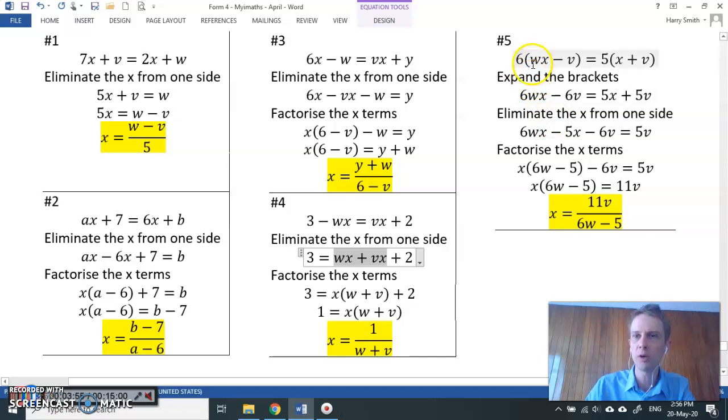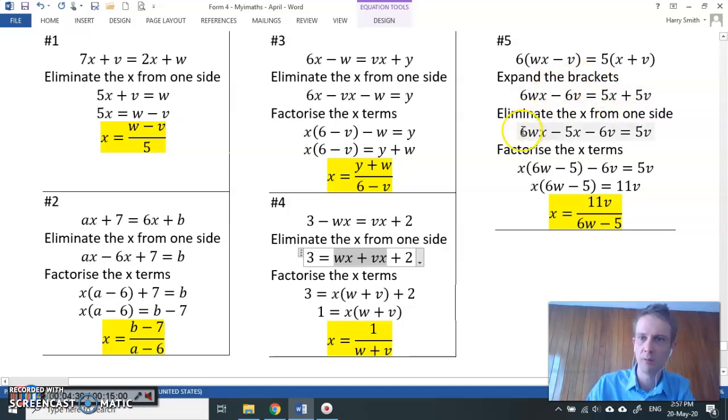Okay. This one here is a little bit different. Just in the first step, we can't eliminate x from one side at the moment, so we just expand the brackets. 6 times wx, 6wx, 6 times v is 6v, 5 times x, 5x, 5 times v is 5v. Eliminate the x from one side, so I'm going to move this x onto this side.